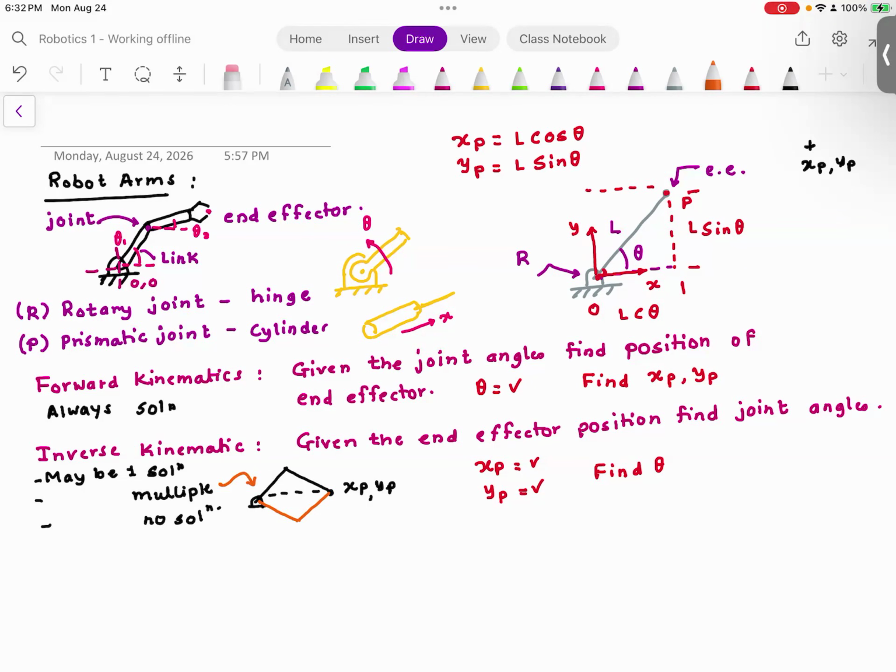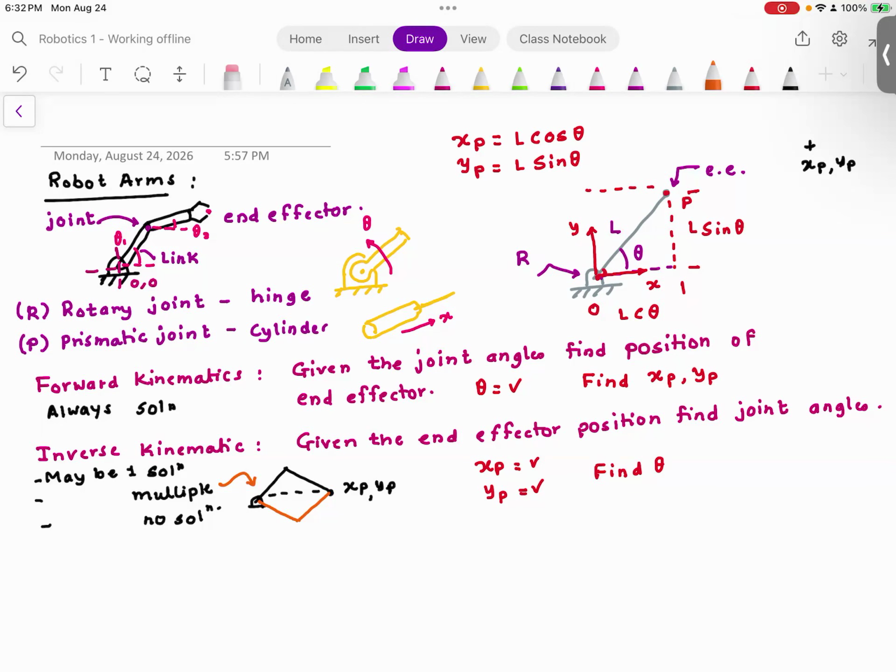Is any one solution has to be at the edge of the work envelope? So usually at the end of the work envelope, what you have is a singularity, with all the joints aligned. So to answer your question, yes, when you construct the work envelope, at the boundary of the work envelope you have one solution.